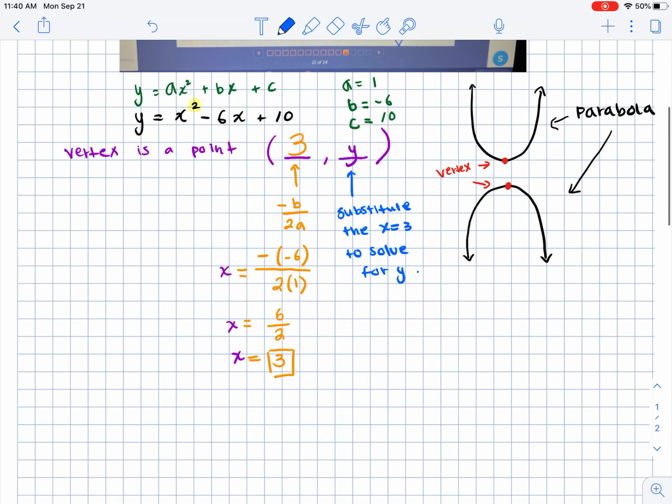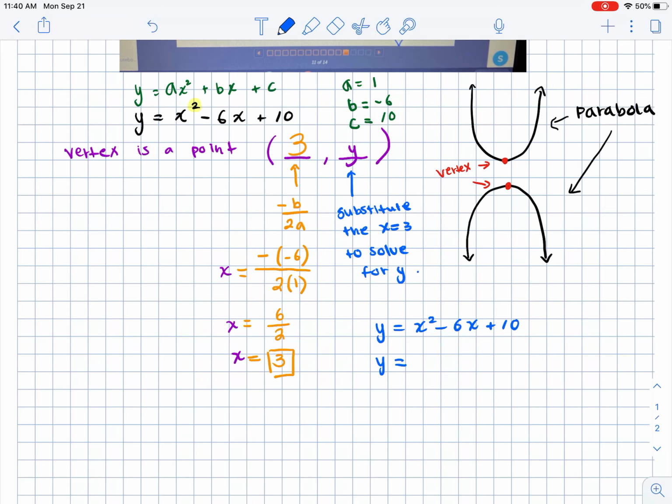Let's do that right here. I'm going to scroll a bit. I'll do it in blue so you can see the work. Right now my equation is y equals x squared minus 6x plus 10. Every time I see x, I'm going to substitute it with 3.